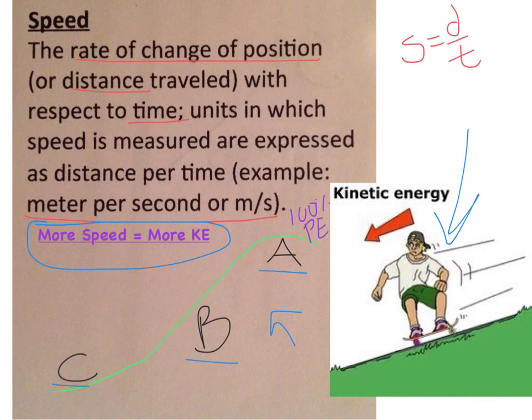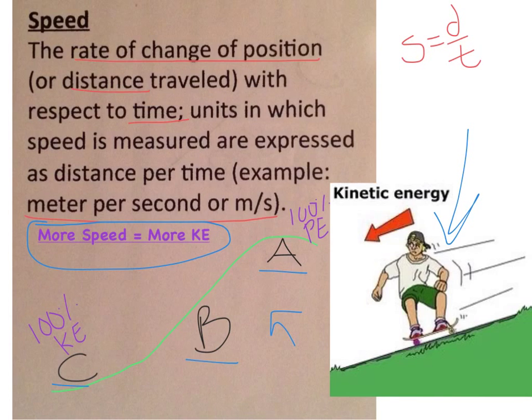So where do objects have their most kinetic energy? Very good. The most kinetic energy is going to be at its lowest point. So what's the lowest point here on the hill? Great job, C. So at point C, the skater would have 100% kinetic energy.